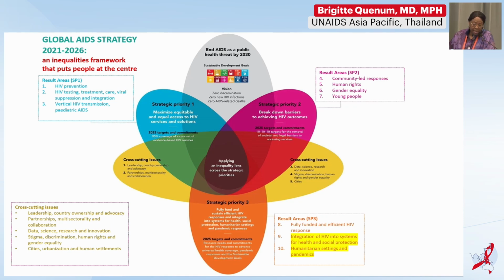It has 3 pillars or 3 strategic priorities. And you can see on the right side of the slide, highlighted in yellow, strategic priority 3, which focuses on integration of HIV into systems for health and social protection, humanitarian settings, and pandemics.